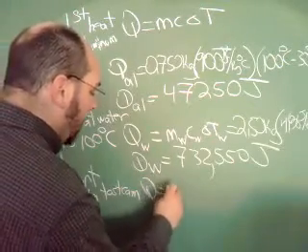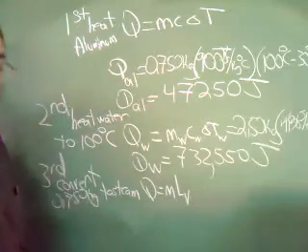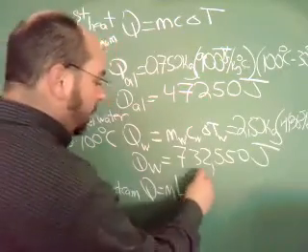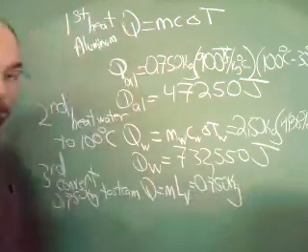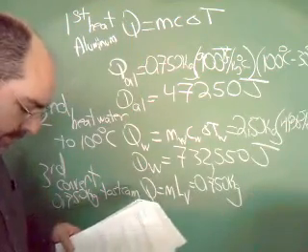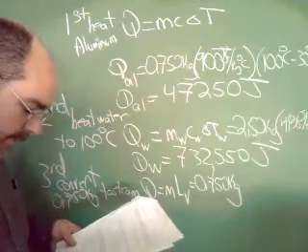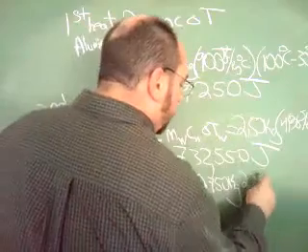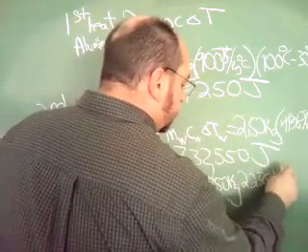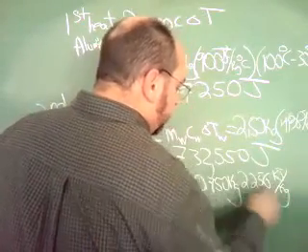Q equals m L_V. Now the mass of water that we're talking about here, they said only 0.750 kilograms of the water is converted into steam. And then we're doing that times the latent heat of vaporization, which is 2256 kilojoules per kilogram.